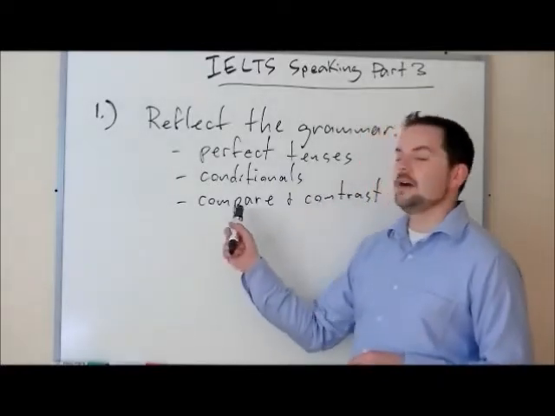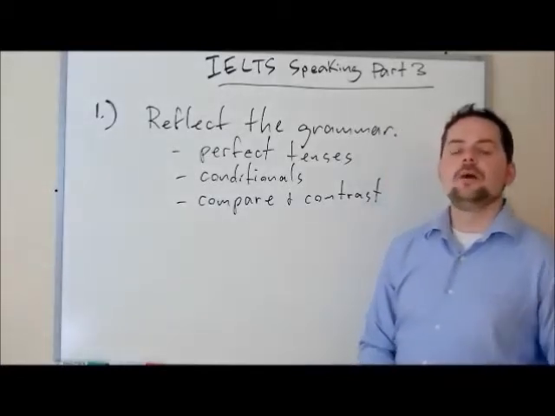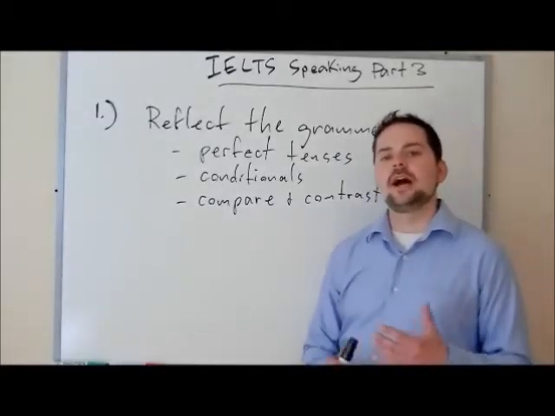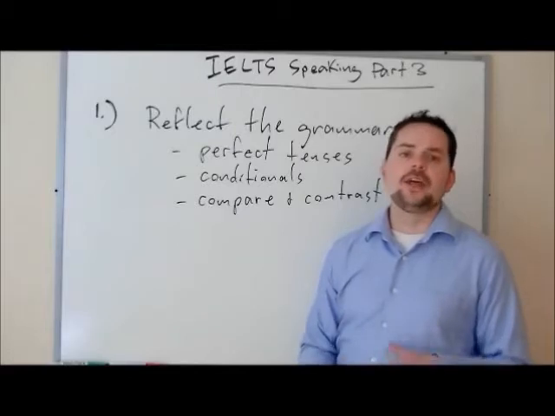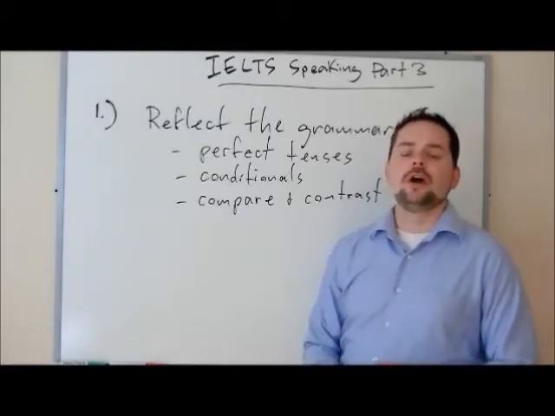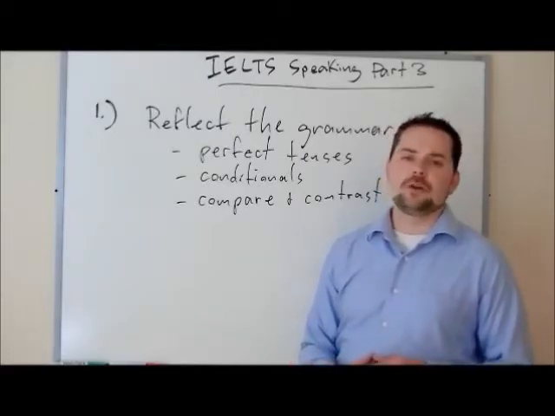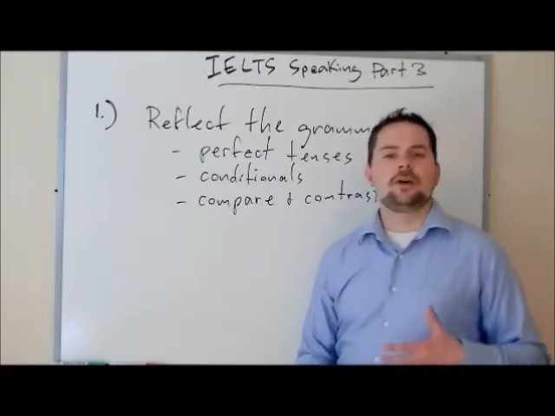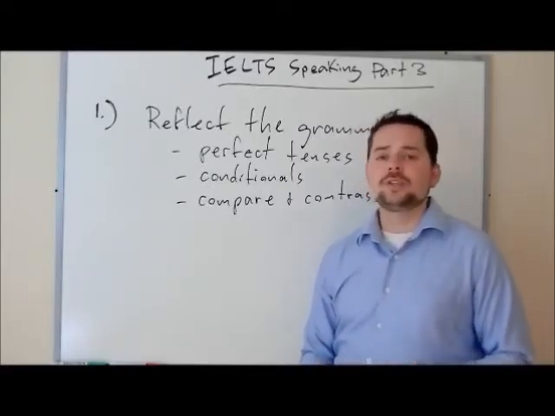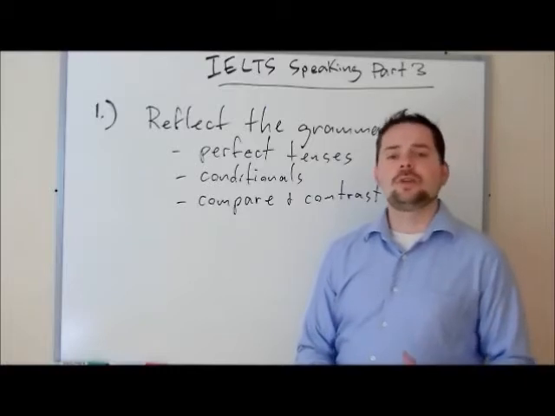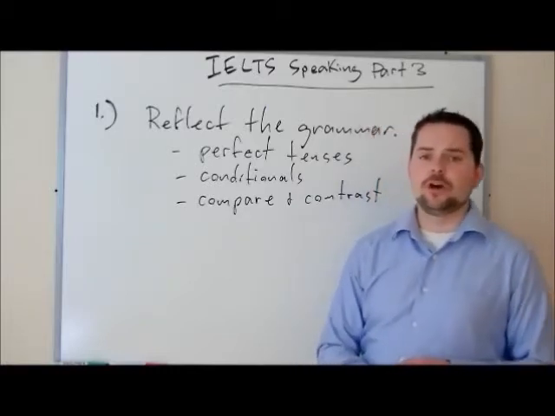So again, when you have a compare and contrast question, make sure you use words like however, on the other hand, nevertheless, and so on. Often there will be questions in part 3 where the examiner will ask you, what is an advantage of being a role model? What can be a disadvantage of being a role model?